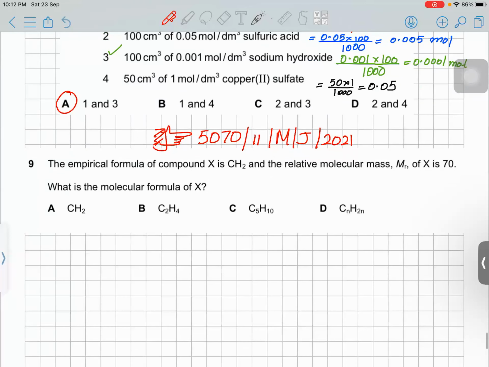The empirical formula of compound X is CH2 and the relative molecular mass of X is 70. What is the molecular formula?